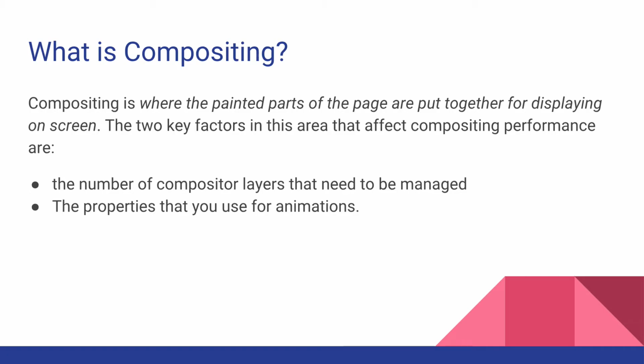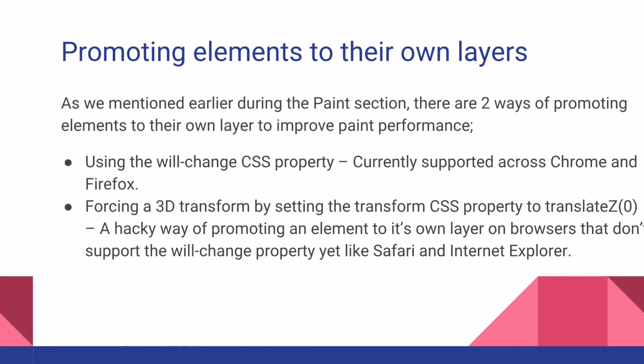Now, there are two key factors that can affect compositing page performance. Do keep in mind that compositing is usually quite light. You have to try really hard to get compositing to slow down. The biggest factors that can slow it down are when you have too many layers that need to be managed, or when the properties that you use for animations sometimes affect compositing.